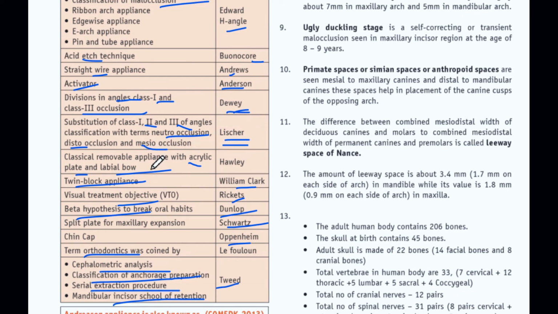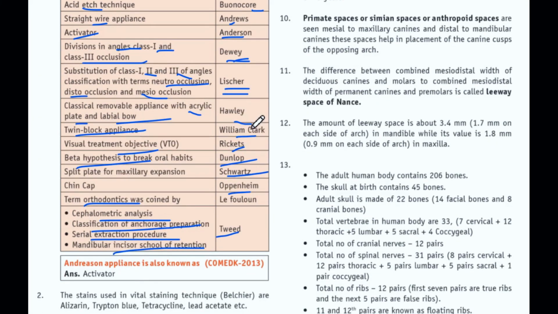Lischer introduced few more terminologies for class 1 as neutro-occlusion, class 2 distal occlusion and class 3 mesio-occlusion. Hawley introduced classical removable appliance with acrylic plate and labial bow. William Clark introduced twin block appliance.